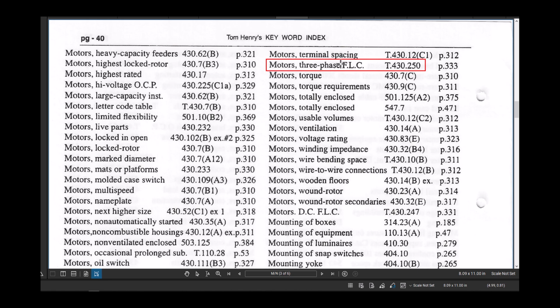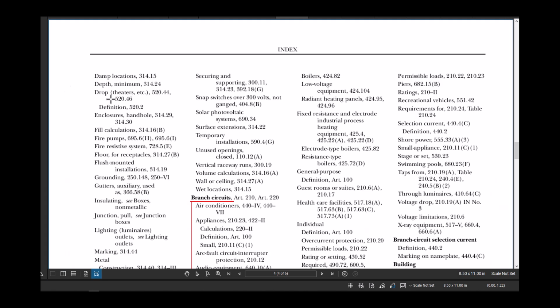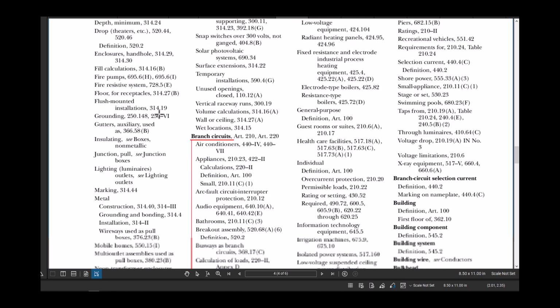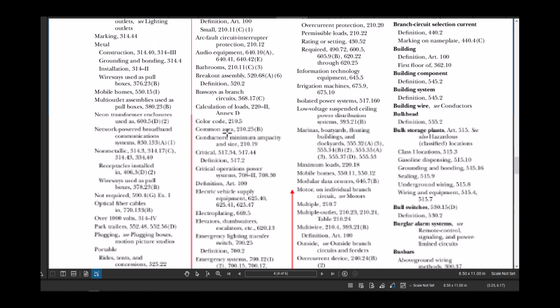If you see a question similar to this in the exam, your answer should be D, Table 430.250, and you're done. You don't need to look at other locations. But if you go to the NEC, first we go to branch circuit to find motors. It says motor or individual branch circuit, see motors.